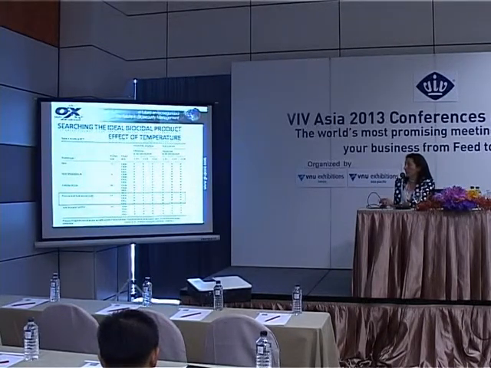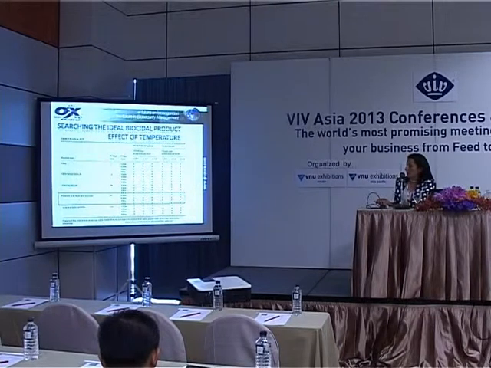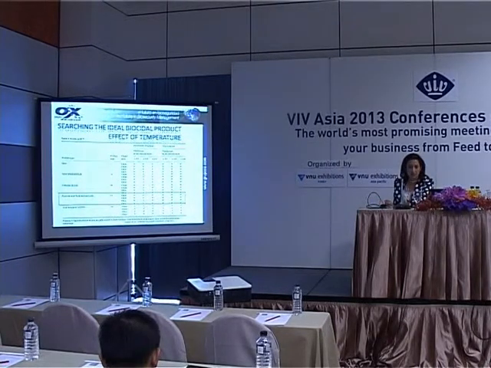They were comparing quats, combinations of quats and glutaraldehyde, chlorine dioxide, a combination of peracetic acid and hydrogen peroxide, and just an acid detergent or sanitizer. At temperatures of 10 degrees, the only combination that was passing all the tests was peracetic acid together with hydrogen peroxide.